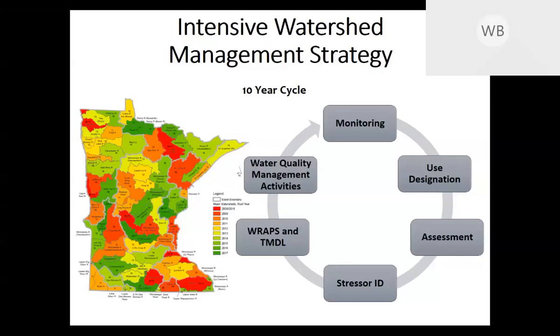And then, of course, all of the activities that we do in the watersheds to protect and restore these systems. And after a 10-year cycle, we're back to monitoring to see if all of the activities that have taken place are doing what they should be doing, and we're moving in the right direction. If not, then we can use the information collected in the next cycle to try to make corrections.